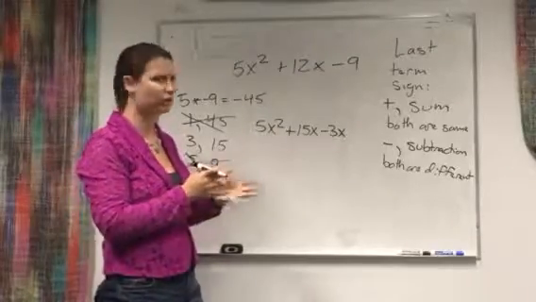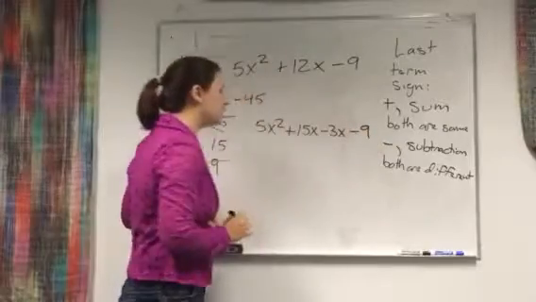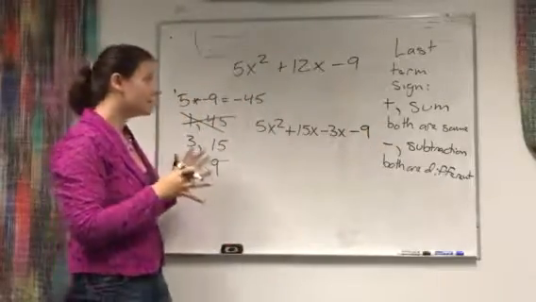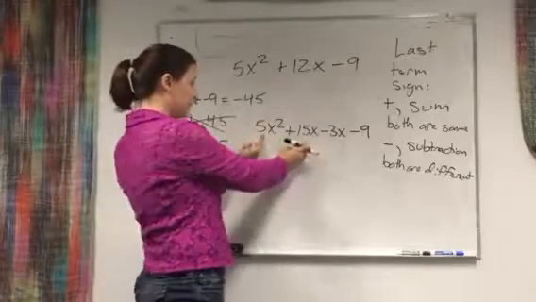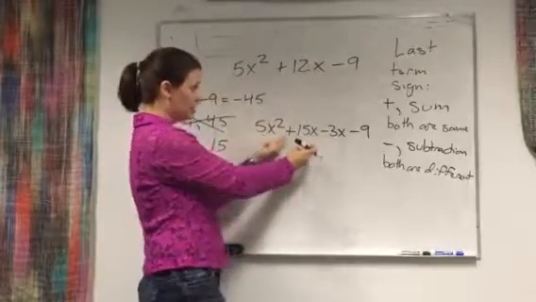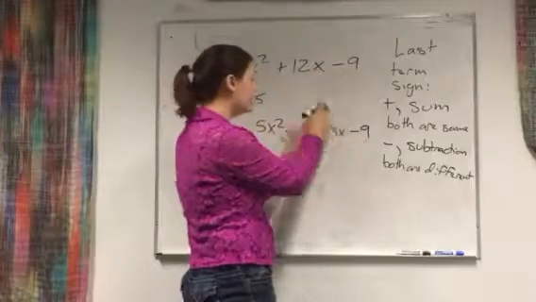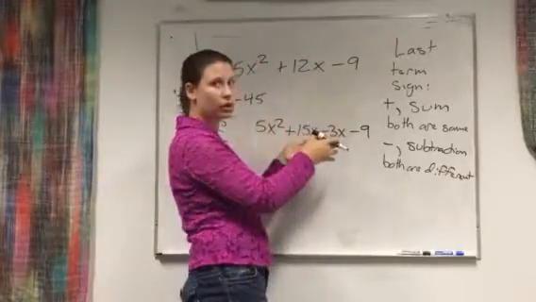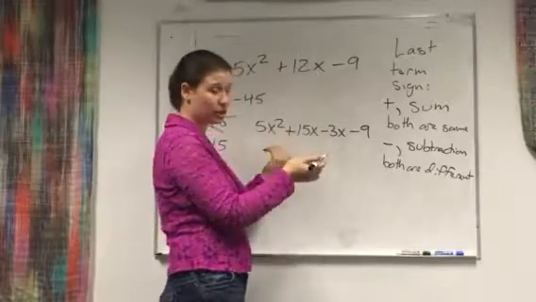Okay, we're just writing 12 in a kind of weird way. So then carry down the minus 9 as well. Now, is this the correct order of the groups? Well, 5 and 15 have something in common. 3 and 9 have something in common. Okay, if you put them in the wrong order, no big deal, just switch it, right? Make sure the signs stay with the correct term.